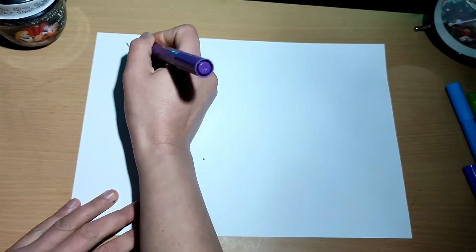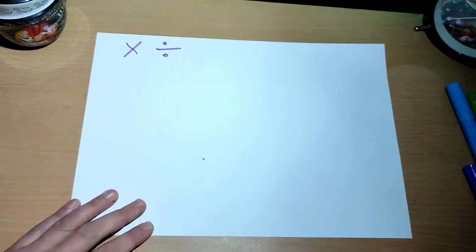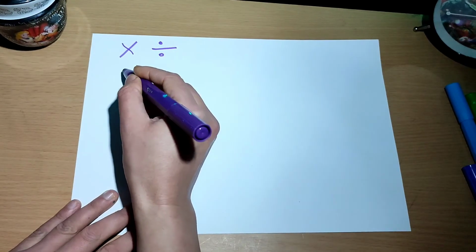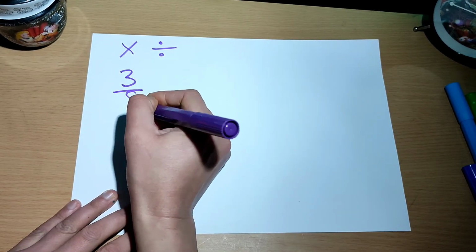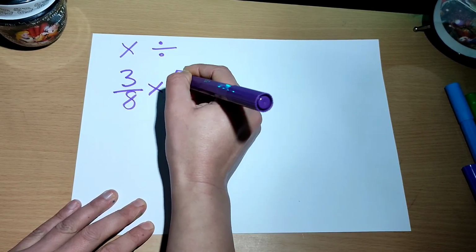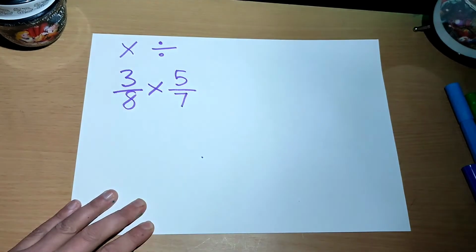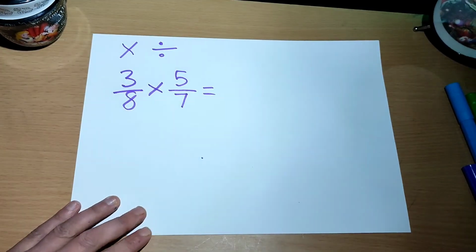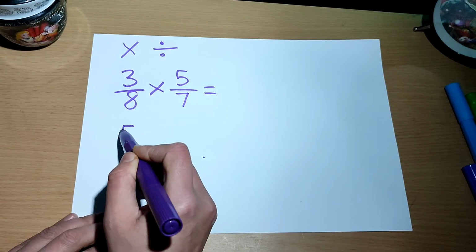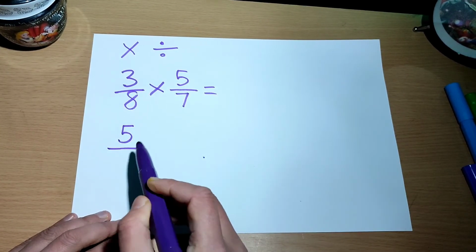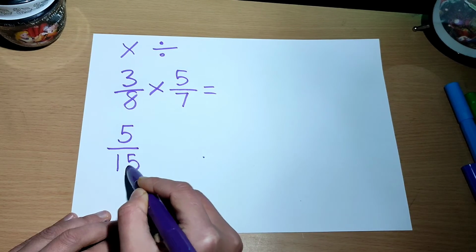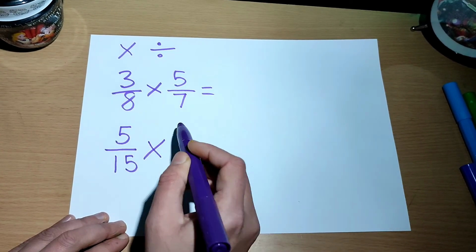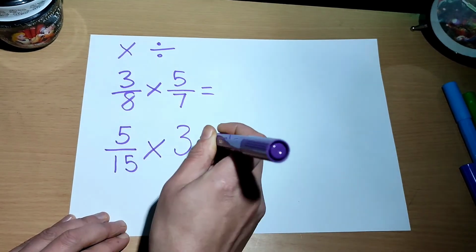Now, as a challenge, please work out on a piece of paper the following calculations to do with multiplying and dividing fractions. Okay, this is the first one: 3/8 times 5/7. Second one: 5/15 times a whole number, 3.